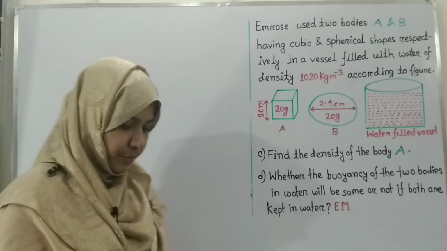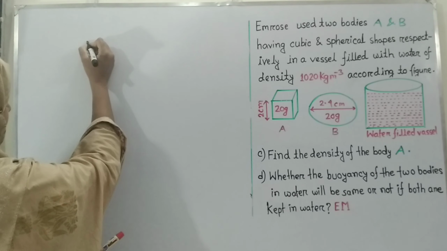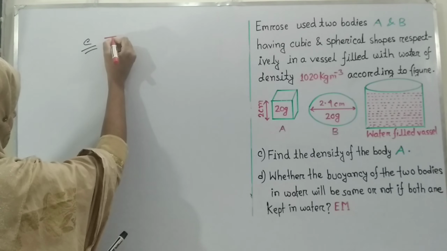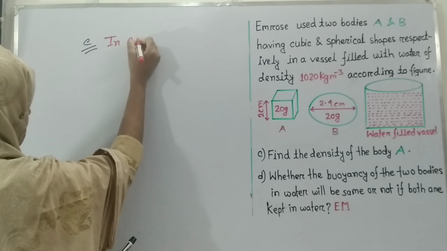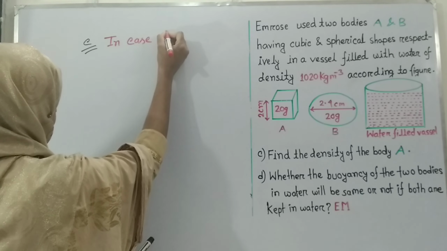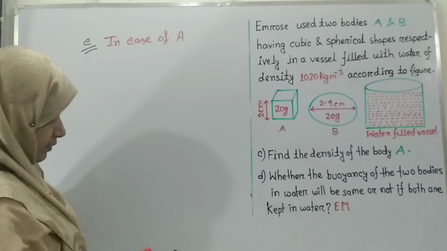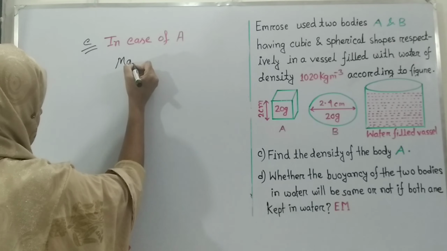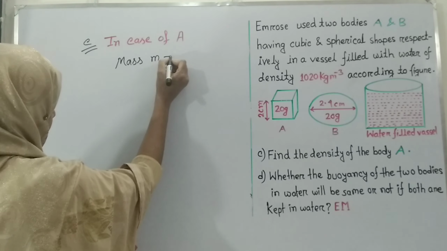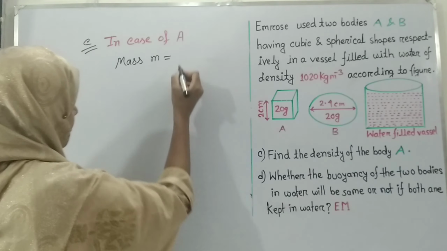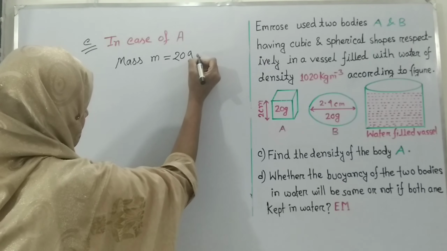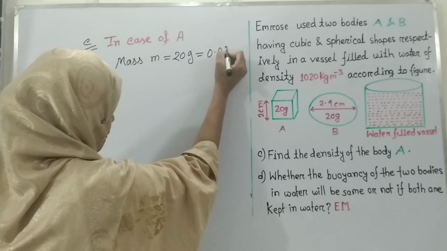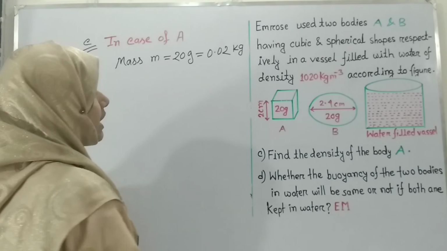So here the given information is, in case of A, mass M equals 20 gram. That means 0.02 kg.